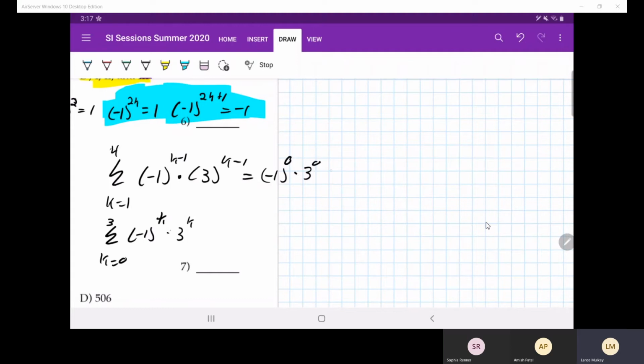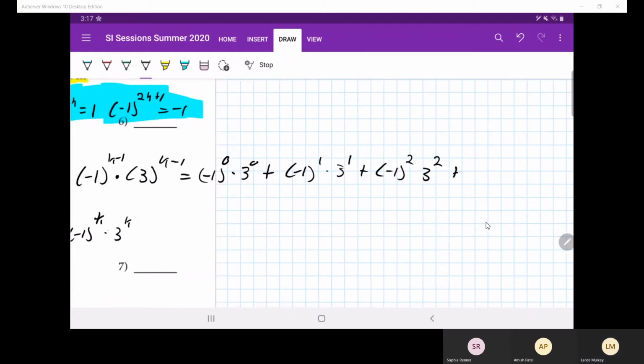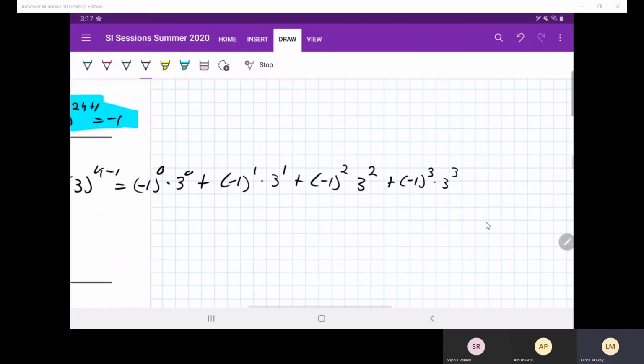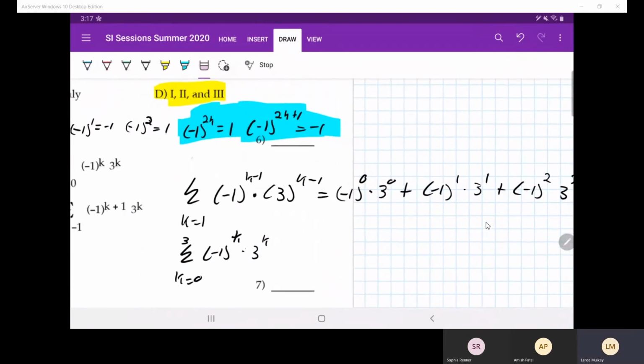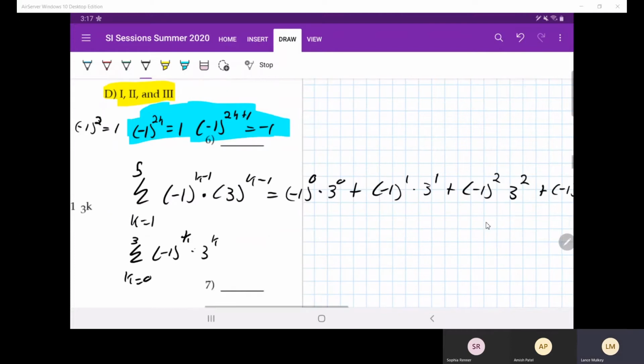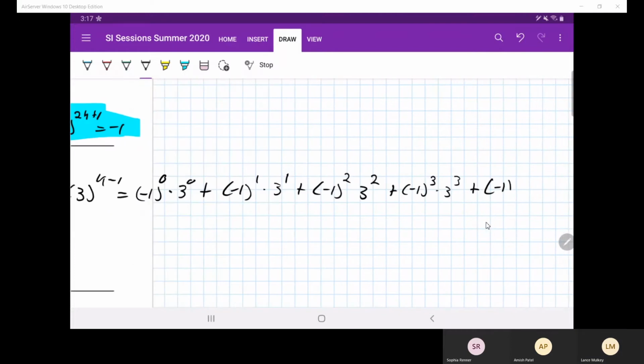But just so you know, plus -1 to the 1 power times 3 to the 1 power, plus -1 to the 2 power times 3 to the 2 power. And that should be 5, I think. Yeah, I messed that up. You can do that.